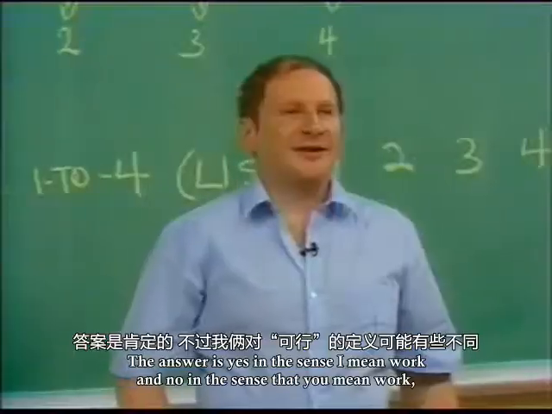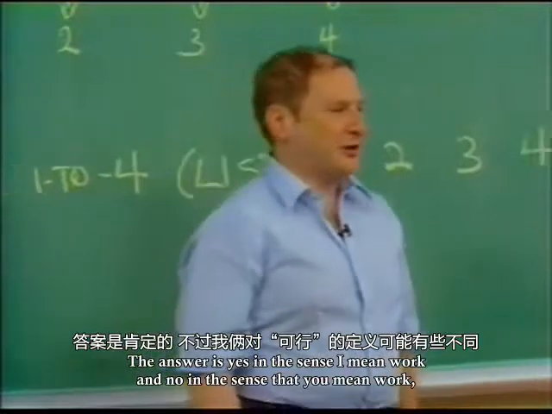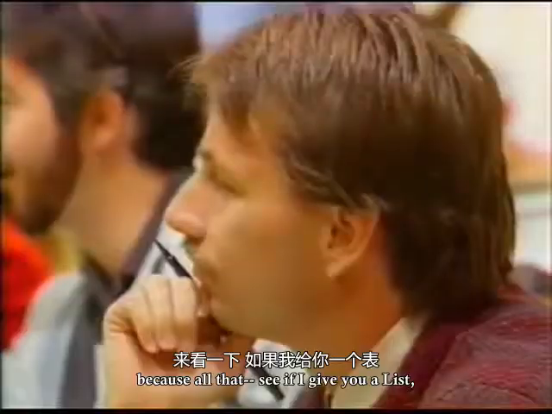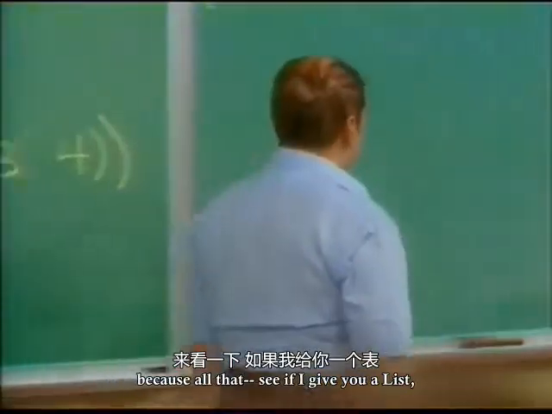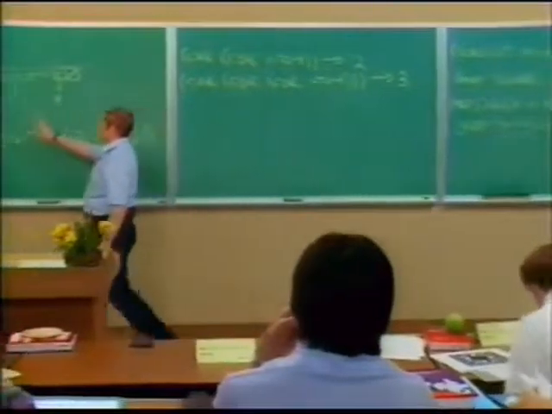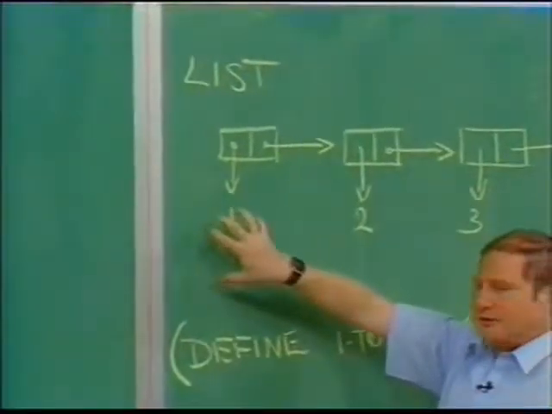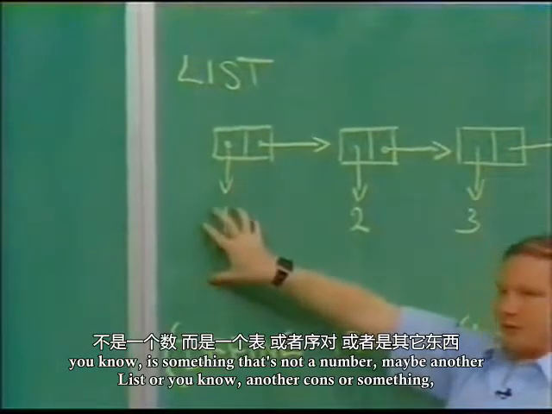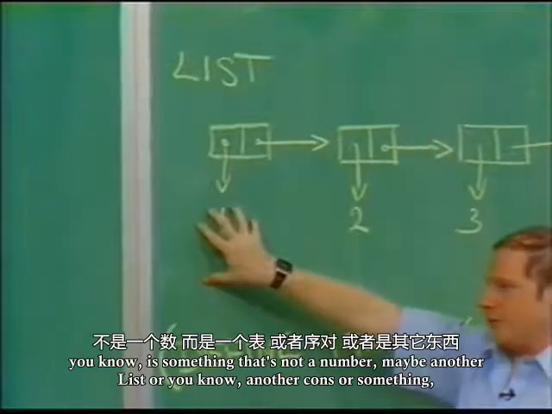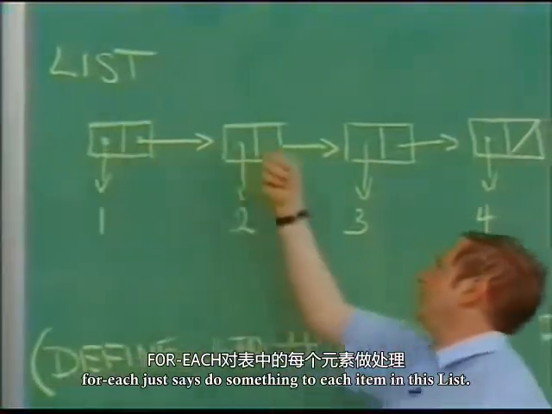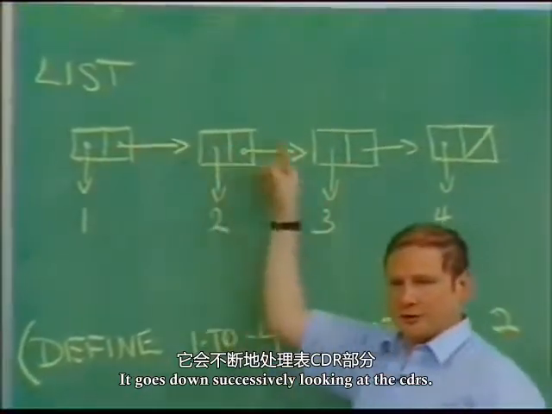The answer is yes in the sense I mean work, and no in the sense that you mean work. Because if I give you a list where hanging off here is something that's not a number, maybe another list, or another cons or something, for each just says do something to each item in this list, and it goes down successively looking at the cars.